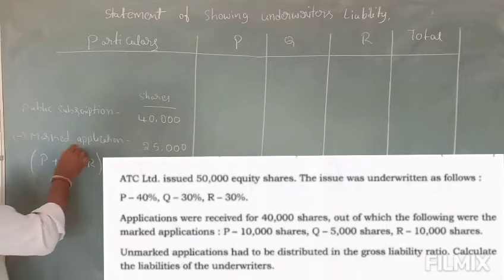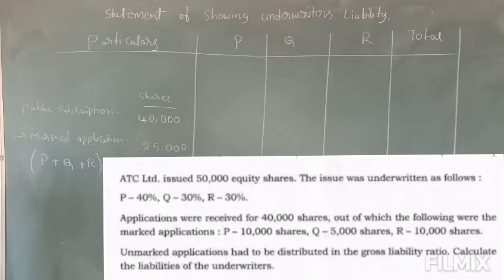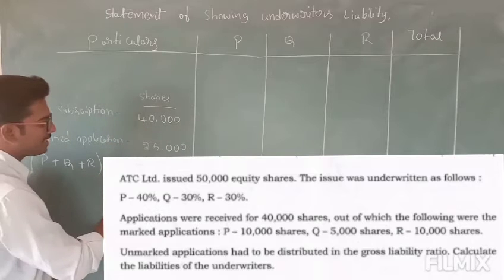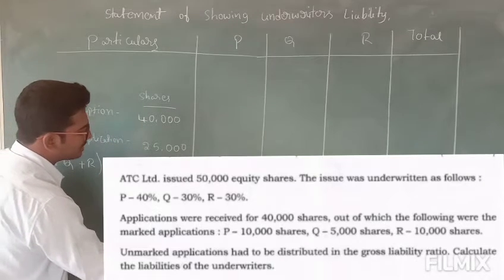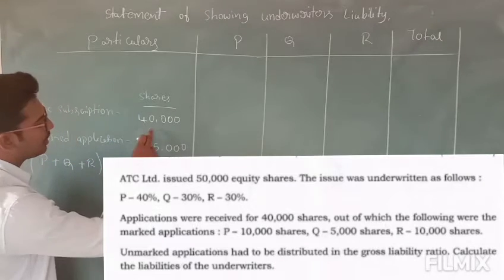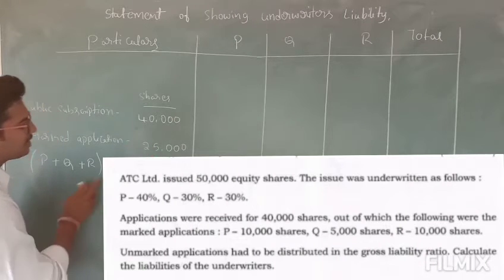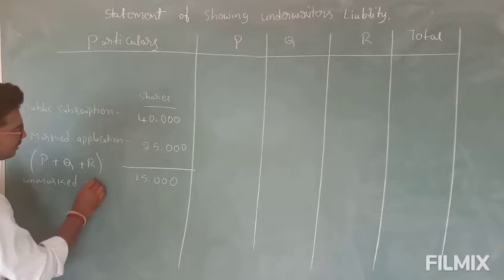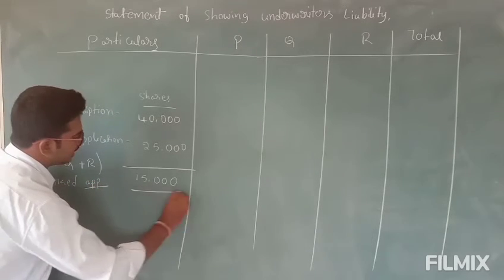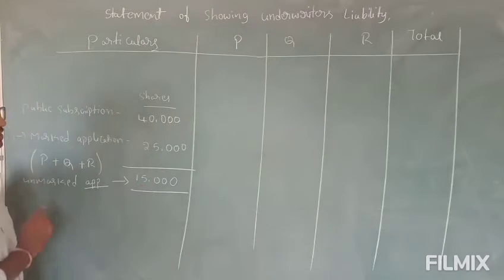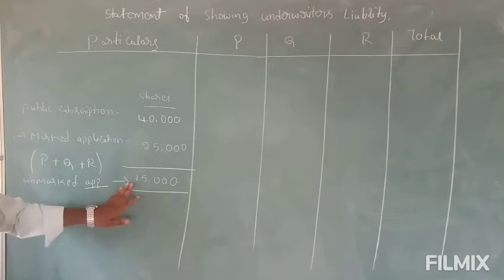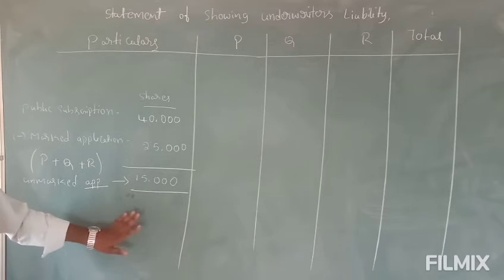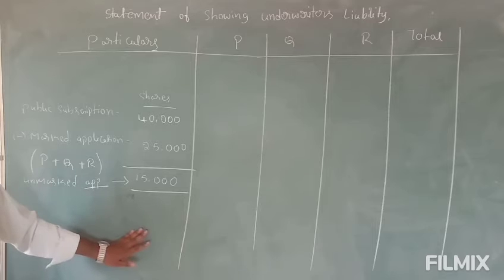Public subscription less marked applications gives unmarked applications. 40,000 minus 25,000 is 15,000. The total unmarked applications is 15,000. So the first step, from the information available, is to find out the unmarked applications.